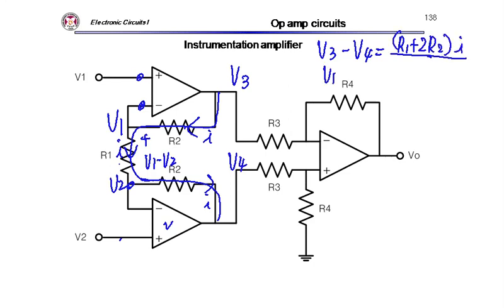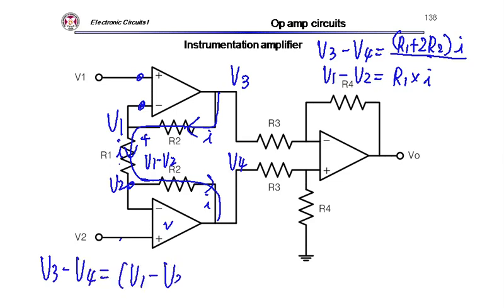How about V1 minus V2? That's R1 times I, right? So V3 minus V4 equals (V1 minus V2) times R1 over (R1 plus 2R2). I don't know each voltage, but I know the difference.